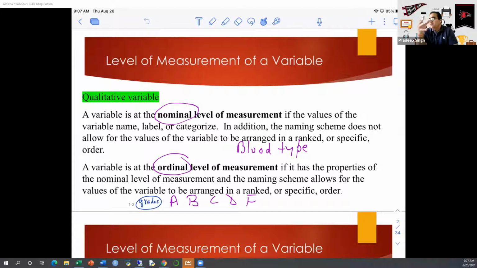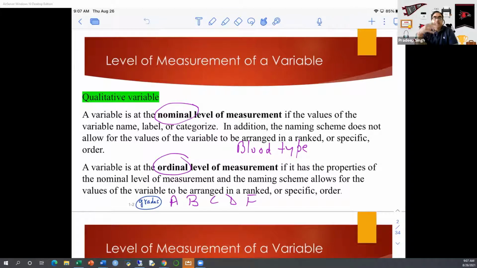So nominal level, blood type, means it is just categorization of values, so there is no order to it. Blood types can be A, B, AB, or O. There is no order to it.